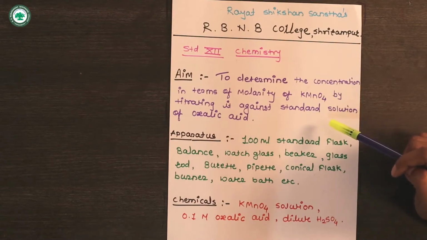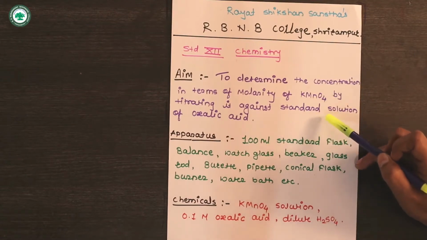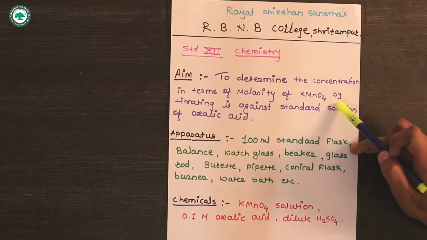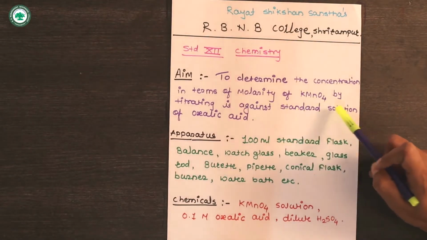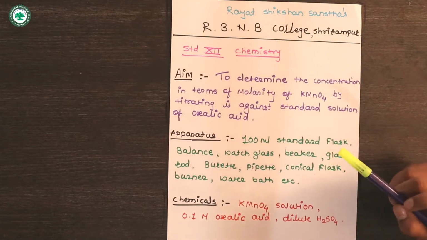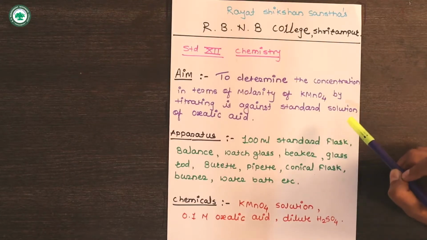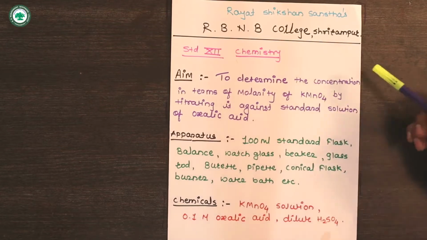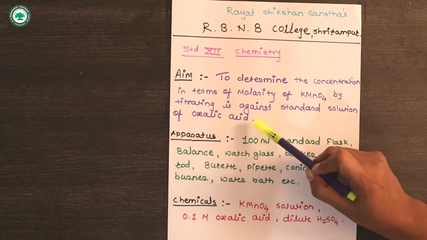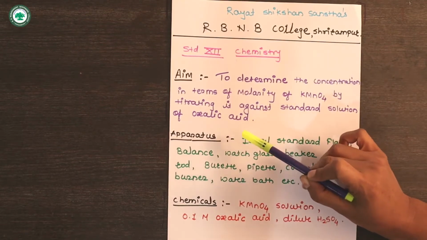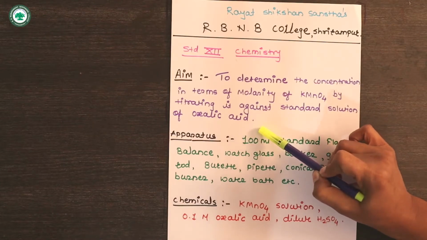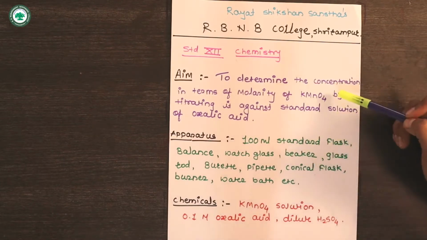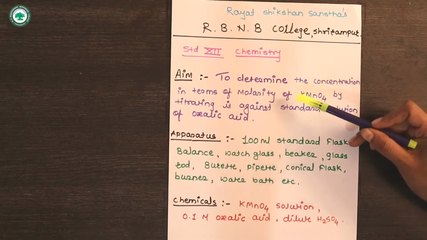Means in this practical we determine the molarity of KMnO4 solution by titrating it against a standard solution of oxalic acid. Here we use 0.1 molar oxalic acid solution, and we can calculate the molarity of the KMnO4 solution.